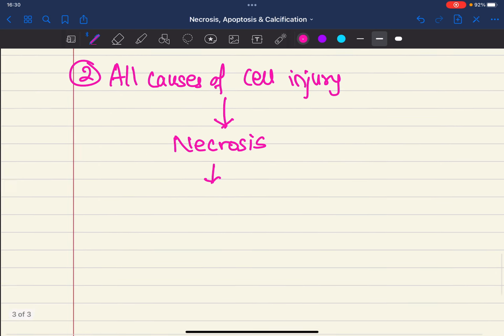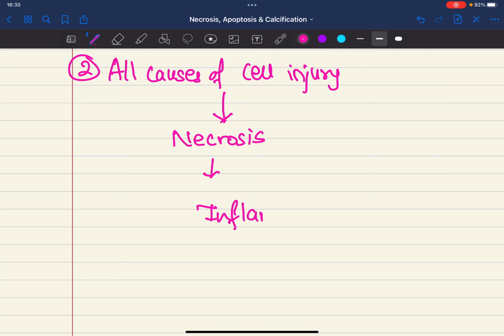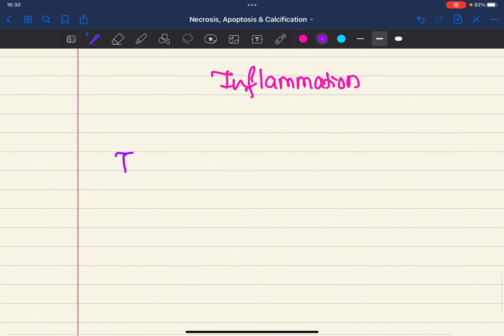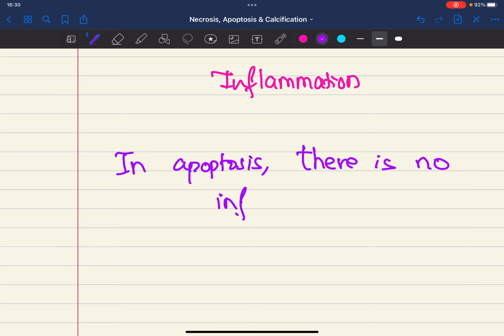This will lead to inflammation. What if it caused apoptosis? See, in apoptosis, there is no inflammation. Okay, so these things we need to be clear.